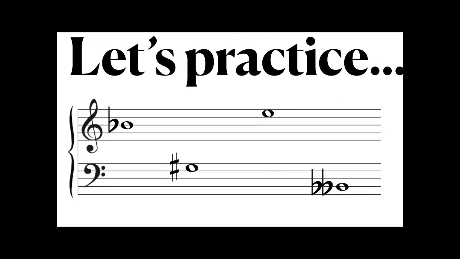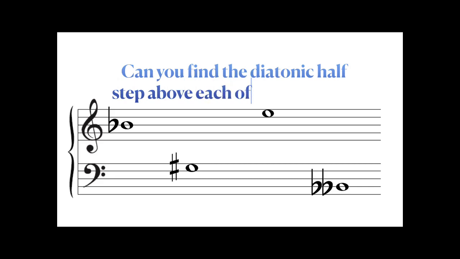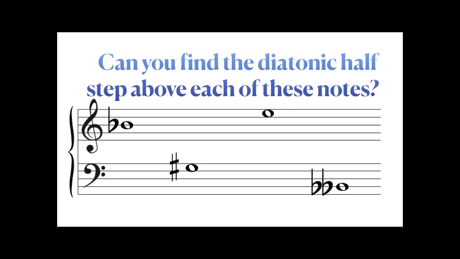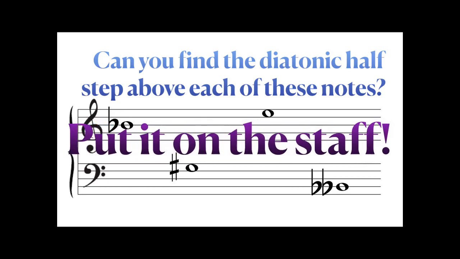Let's practice some more. I've put four pitches on the staff for you, but this time we added some accidentals. B flat, G sharp, E natural, and B double flat. Can you find the diatonic half step above each of these notes? What's the first step? There's the question. The answer is always, put it on the staff.